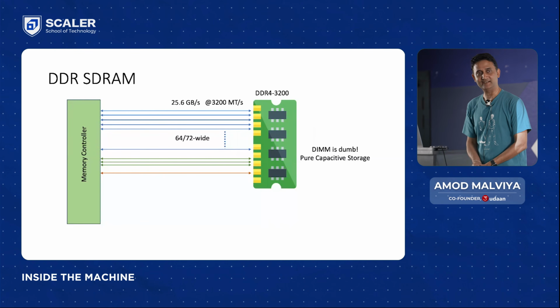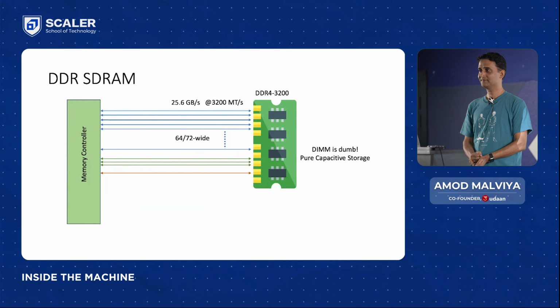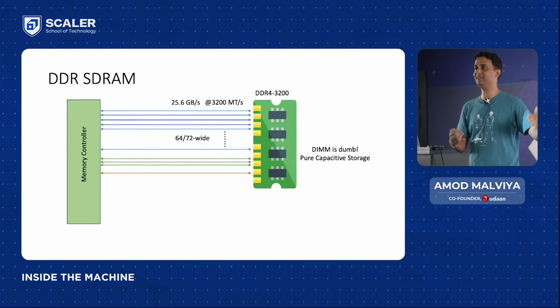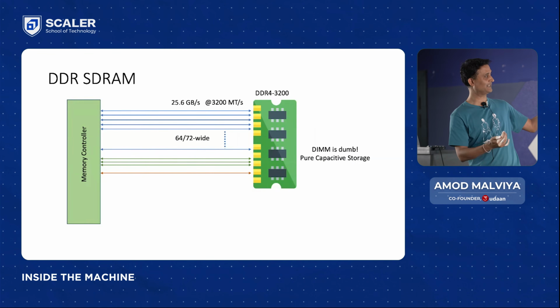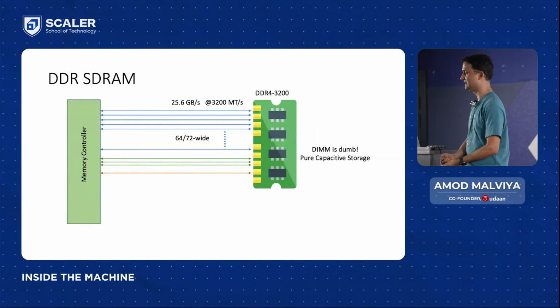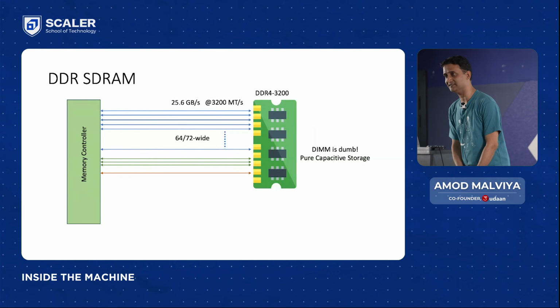Amdahl's law strikes again. We are limited by the slowest spoke, right? So despite the fact that we have the ability, despite the fact that our bandwidth is 25.6, the throughput that we can expect is 160 megabyte per second.